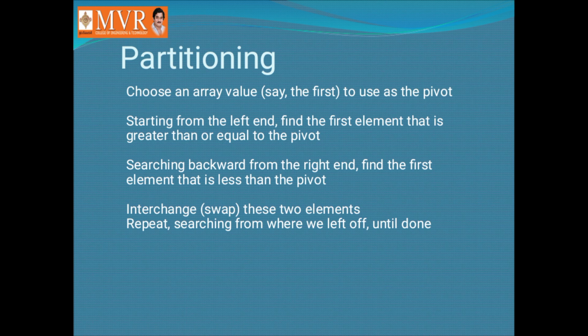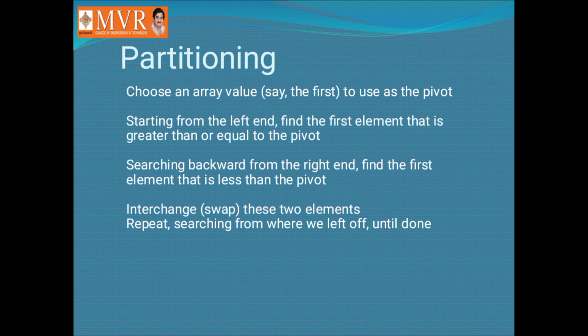Like this, I continue the process until my pivot element is in such a situation that the elements before the pivot element are smaller than the pivot element and the elements bigger than the pivot element appear after the pivot element.